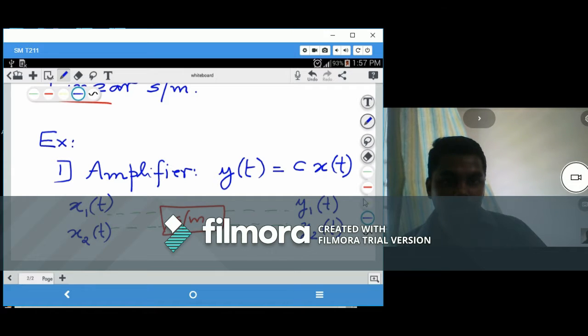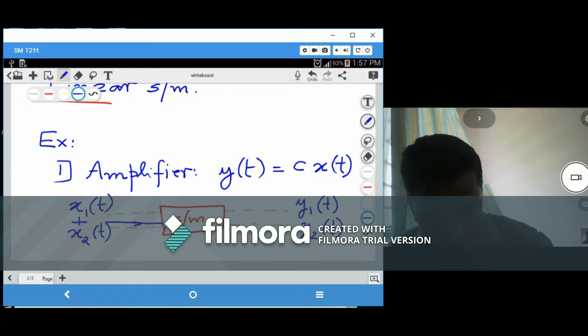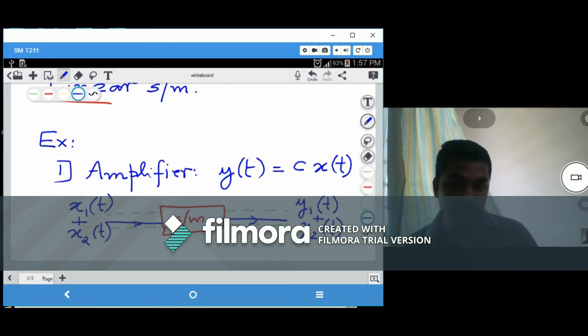The definition of linearity of the system says that if I add the two inputs and feed it into the system, I should get the corresponding sum of the outputs, which is y1 plus y2 of t.